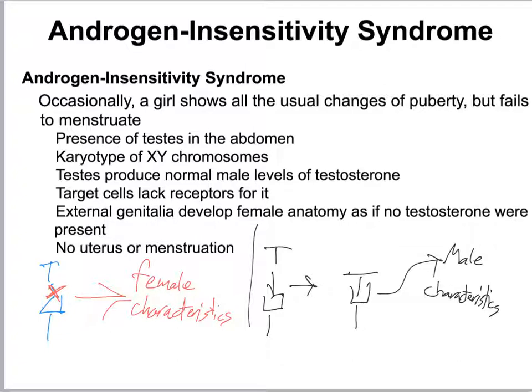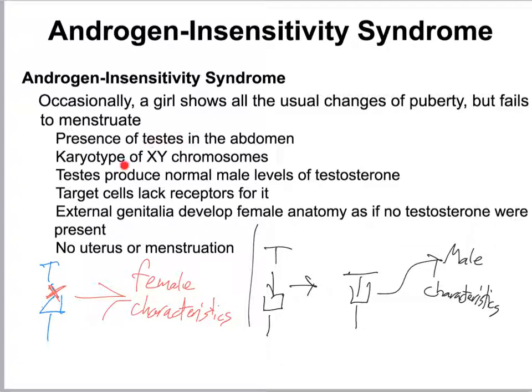So these individuals are usually, well, pretty much always sterile. They usually grow up phenotypically female until they hit puberty. And when they hit puberty, they typically fail to menstruate. Sometimes you think you just might be late, but eventually you realize it's not going to happen. And there are often other developmental issues that come into play at around puberty as well.